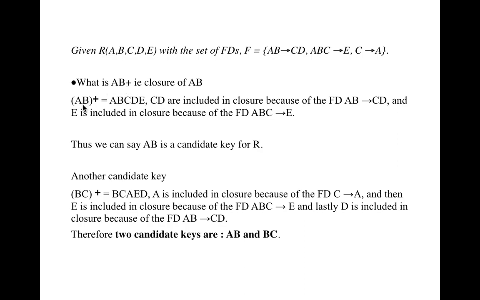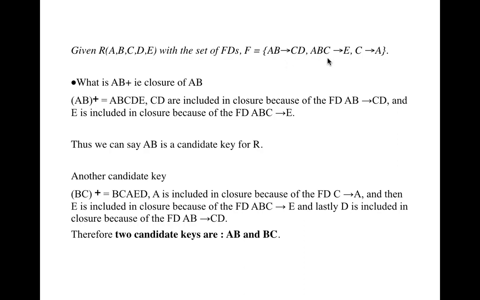From what you have understood now, AB closure would consist of A and B. And we know AB gives CD. So AB closure should consist of A, B, and since it gives CD, it should consist of C and D. So that much we got. AB closure now consists of A, B, C, and D.